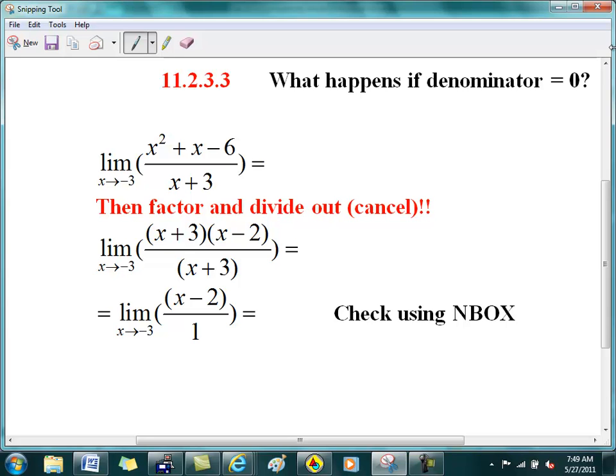Okay, is everybody all right on this? Do I need to explain this? You factor it. So you factor this, which gives you x plus 3 times x minus 2. Then you cancel the factor, and that leaves you with a simple polynomial.